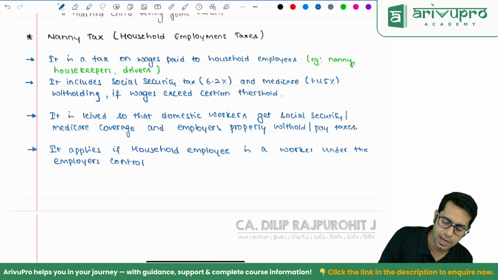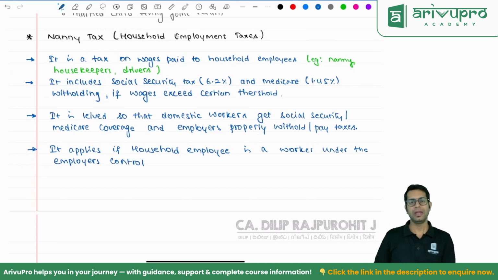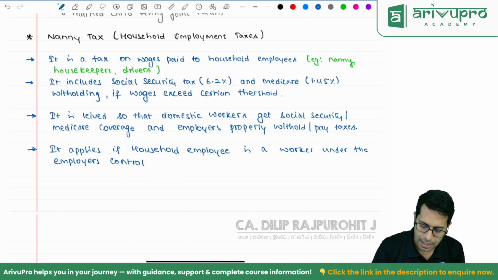Meaning if he's under the control of his employer, meaning how many hours he should work, what his duty hours are, what time he should come, what time he should go, what type of work he is supposed to do, if all those are under the control of the employer, then this type of tax will be applicable.